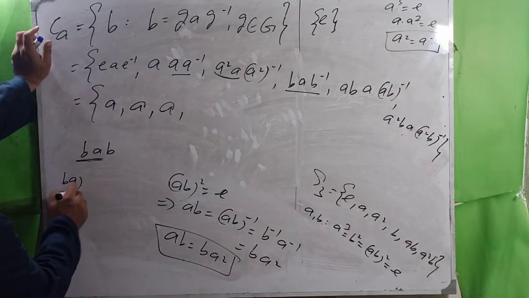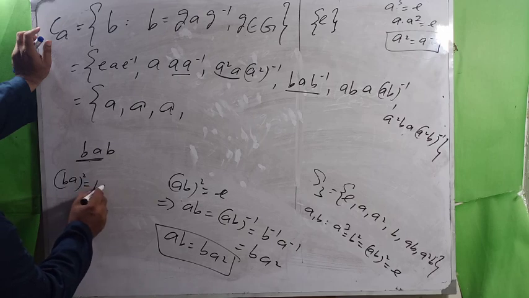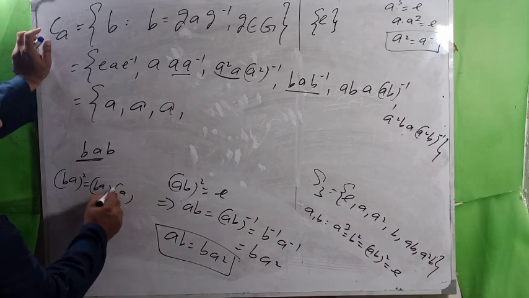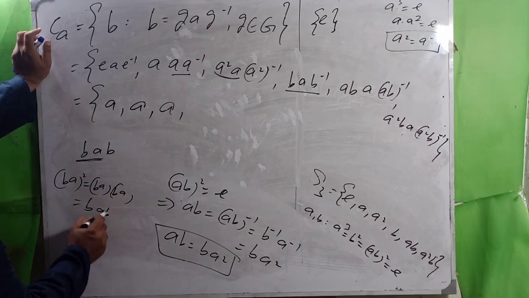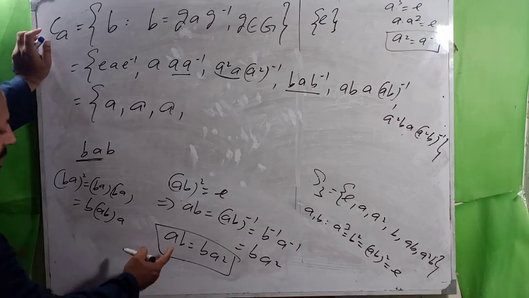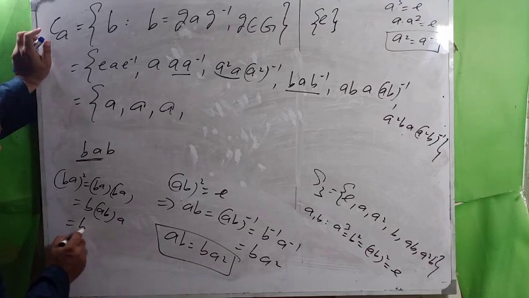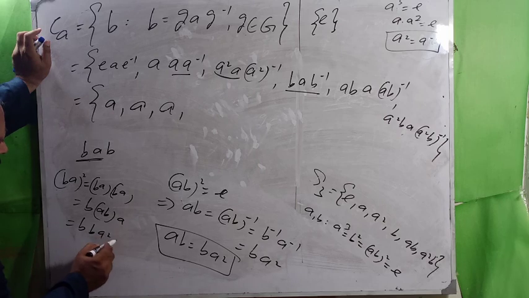Similarly, I have another calculation. Now BA square, this is BA. What is AB? AB is BA square. This is BA square, and this is B square, A cube.